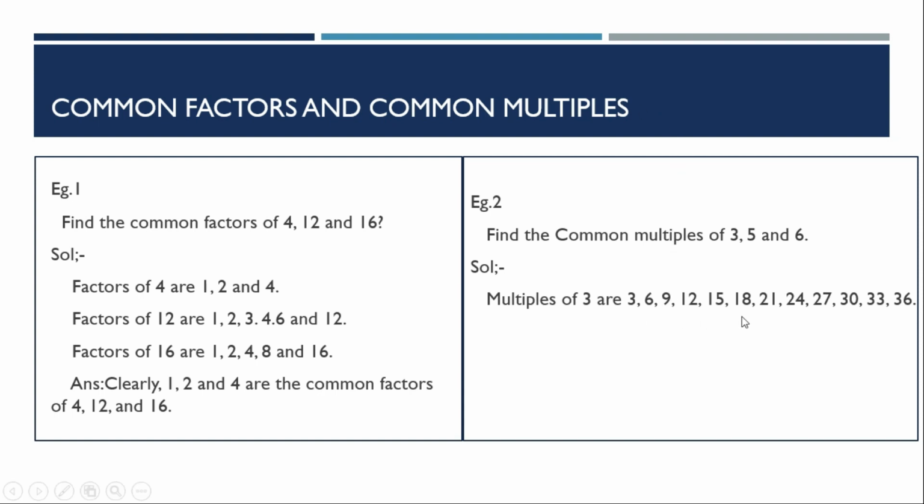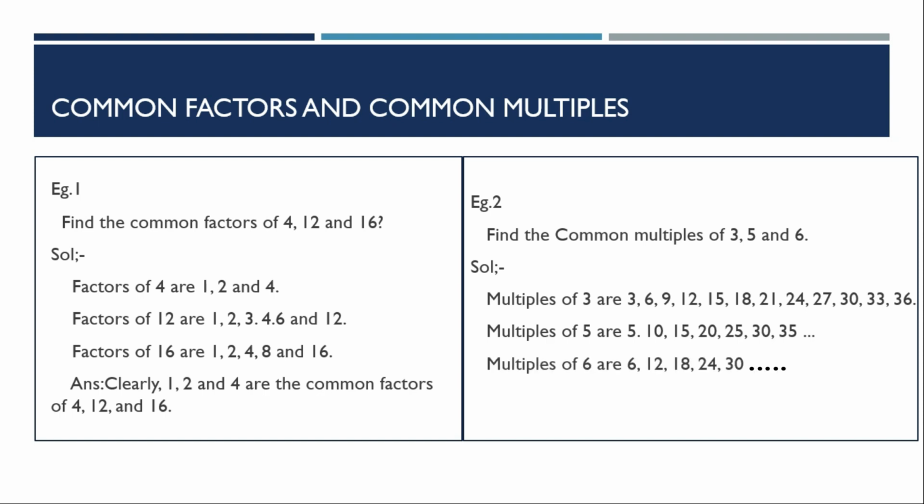Multiples of 3 till 12 times. Next, multiples of 5, which also goes on. Then multiples of 6. So here, what are the common multiples? 30, 60, 90, and it goes on.